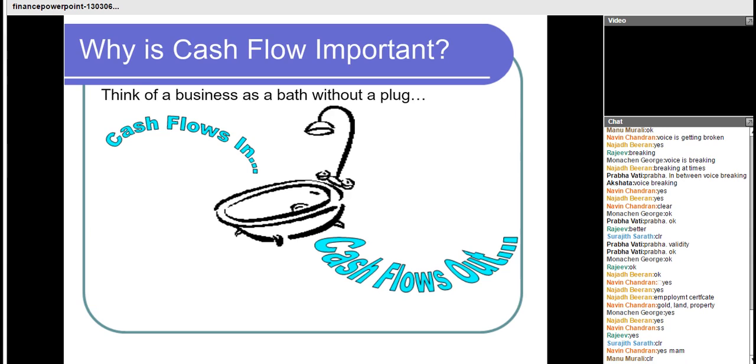That function is done with the help of the cash flow statement. It says that there should always be cash available so that the bath is never empty. Because if the bath is ever empty, the business is in trouble. So it will have a cash flow problem.